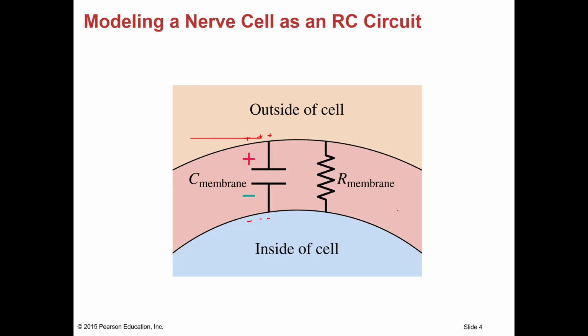Okay, the ions cannot easily go in and out of the cell membrane. It provides some resistance. So we can also model the cell membrane as a resistor. So it has both capacitance and resistance.